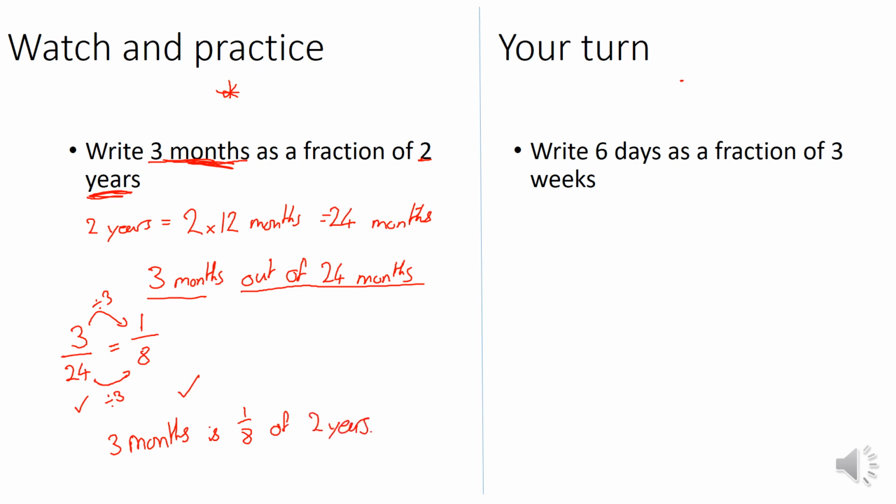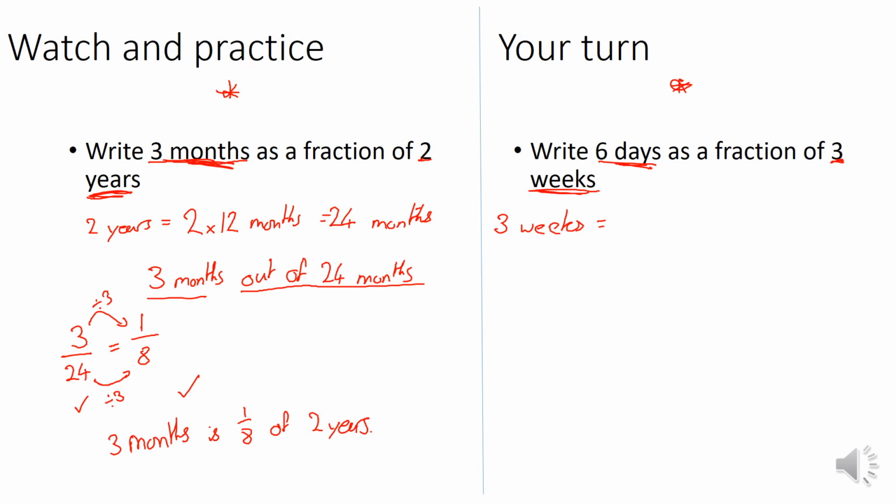Right, so now I'd like you to pause and have a go at this one. Remember, you're starting off converting the units. With this one, maybe get them both to being days and then go from there. Right, so we've got 3 weeks. We want to know how many days this is because this one is in days. 3 weeks, how many days are there in a week? 7.